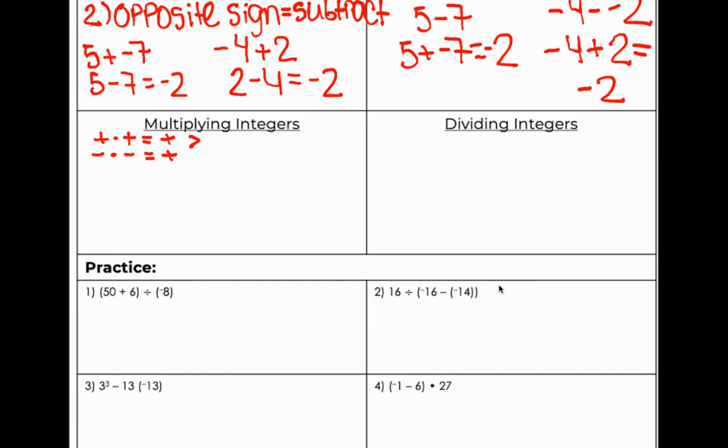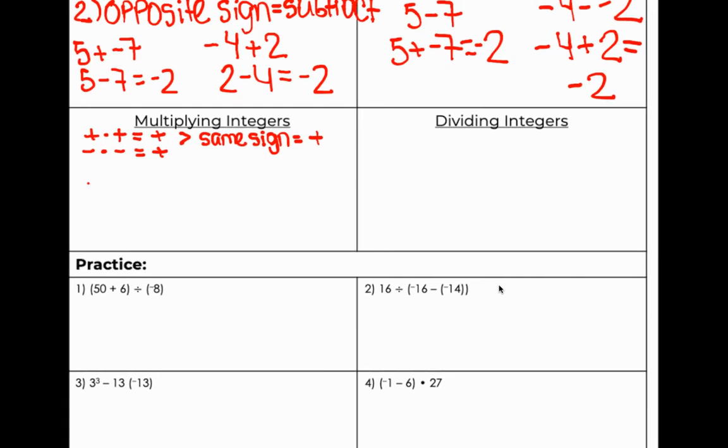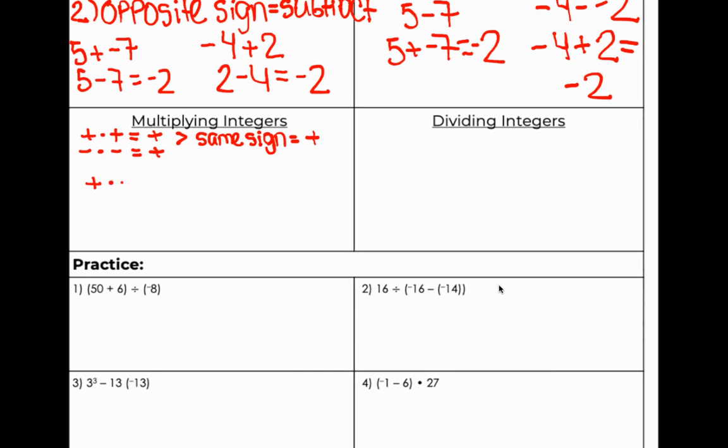So same sign equals positive. Okay, if I have a positive number times a negative number, that's negative. And same thing if I have a negative times a positive, that's negative. So opposite signs give you a negative product.